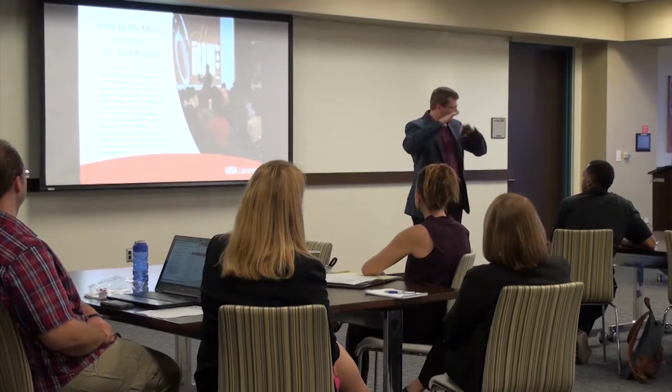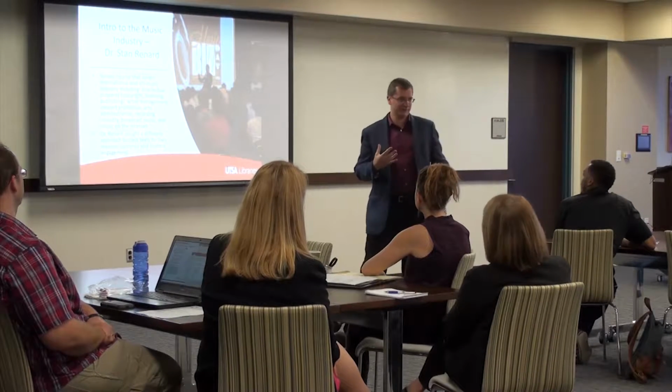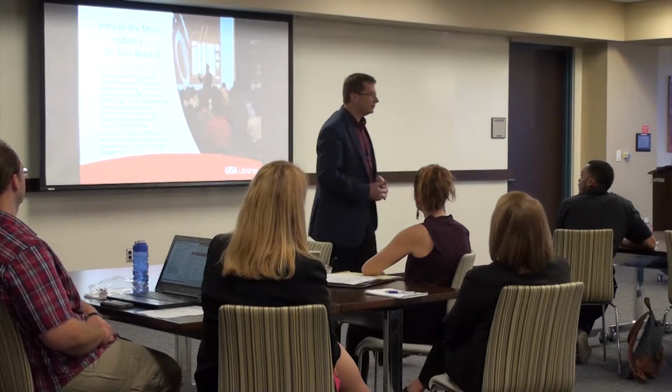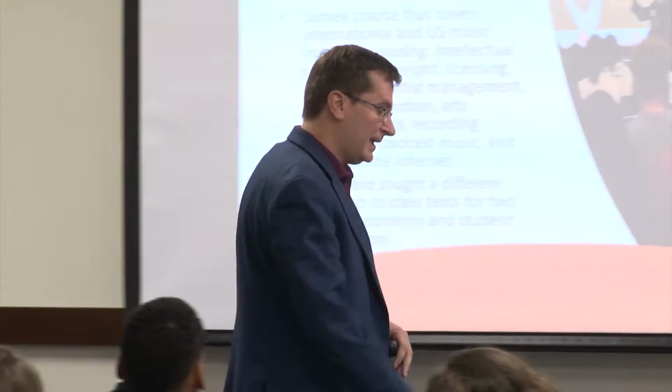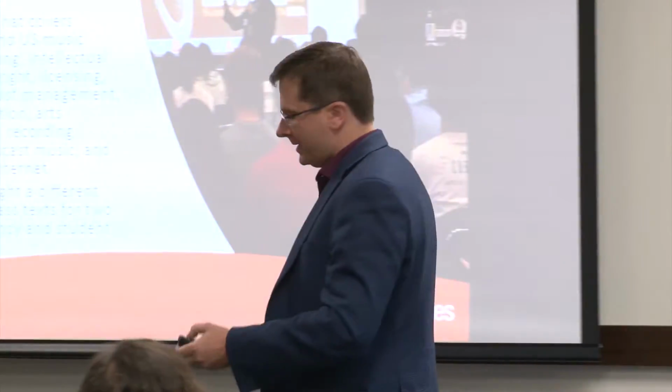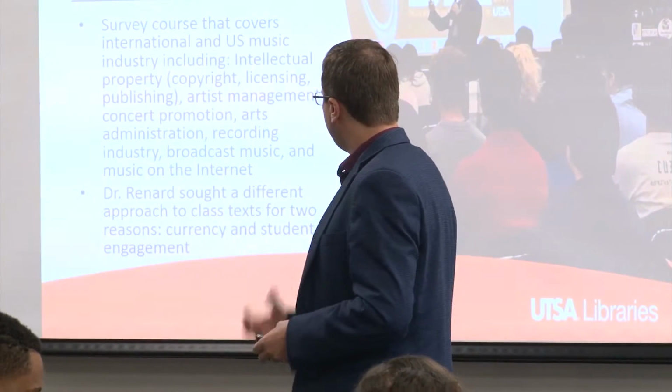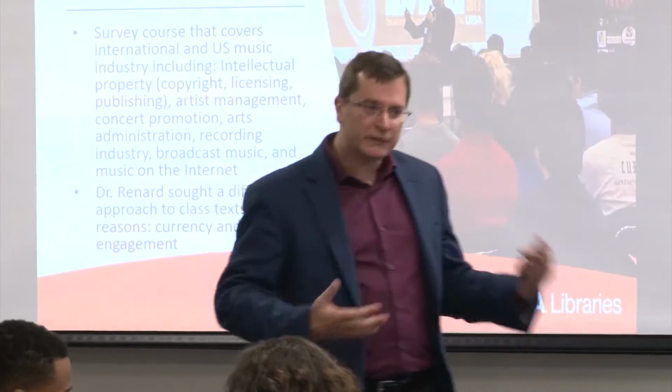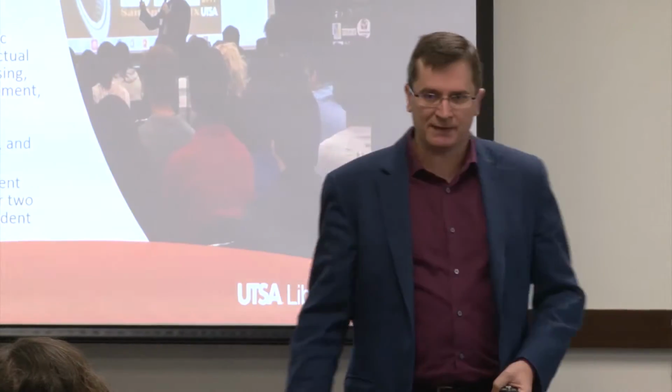So it's a survey course that covers a lot of topics. Anything from music distribution to copyright and licensing to branding to, you name it, it's in there. And I was looking at textbooks, and I used textbooks in the past, and they're pretty expensive.